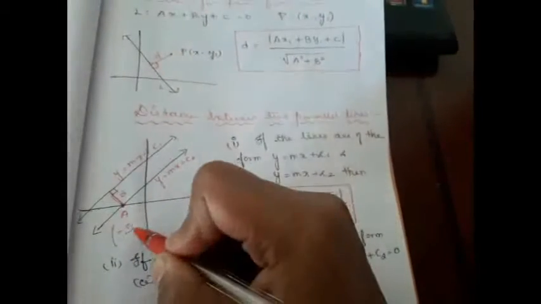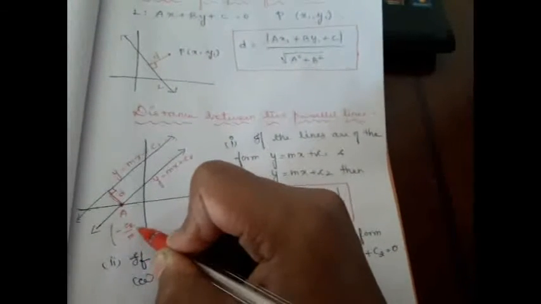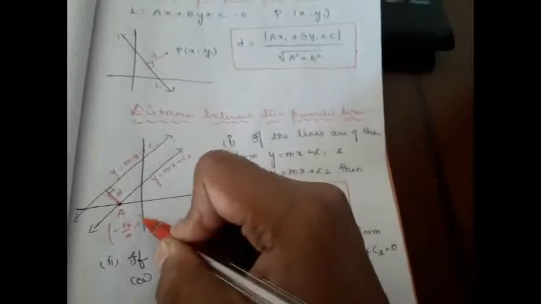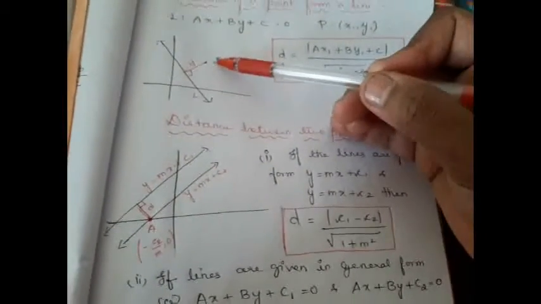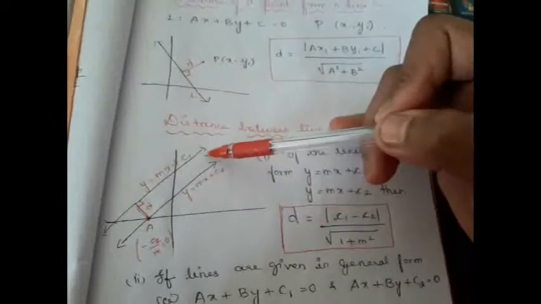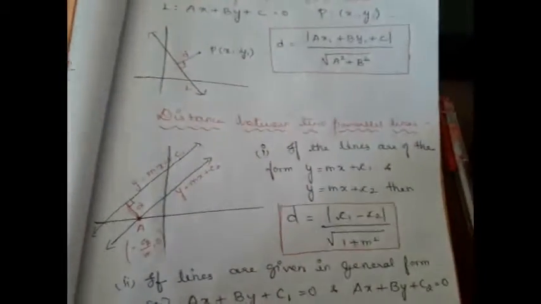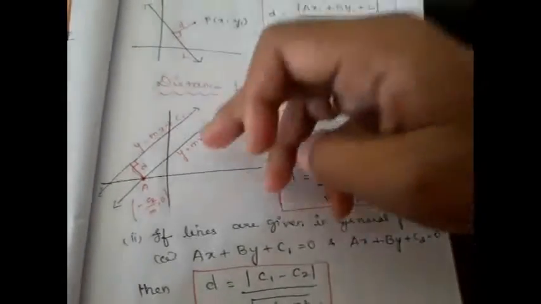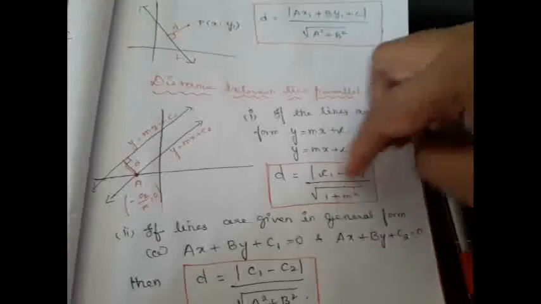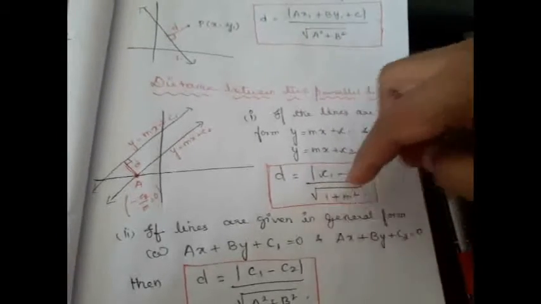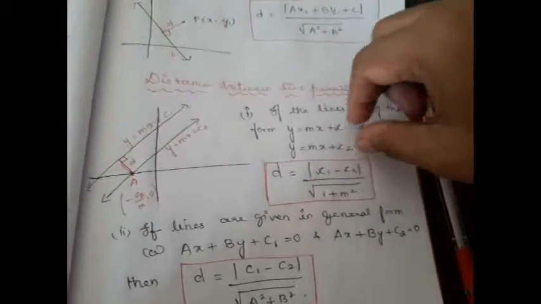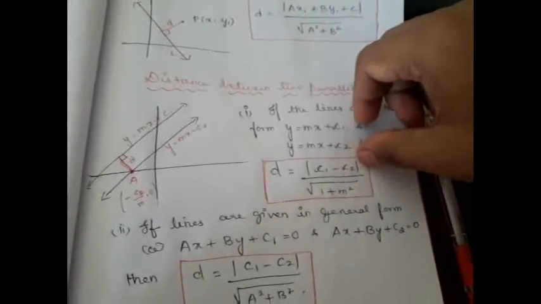Sorry, here I have taken c2, so it is c2 divided by m comma 0, right? Now taking this as your point P and taking this as our line y equals mx plus c1, we can find what your D is. And hence the formula to find the distance between two parallel lines is modulus of c1 minus c2 divided by square root of 1 plus m square, if the equations are in slope-intercept form.